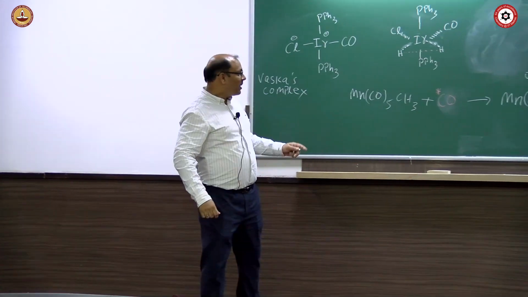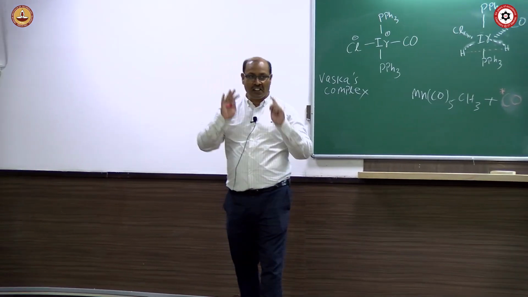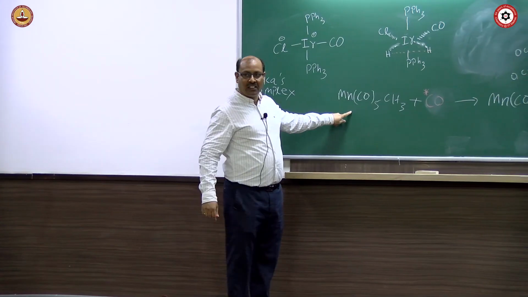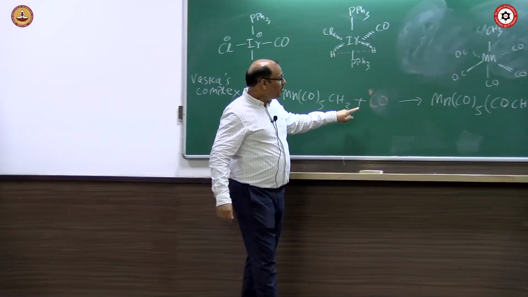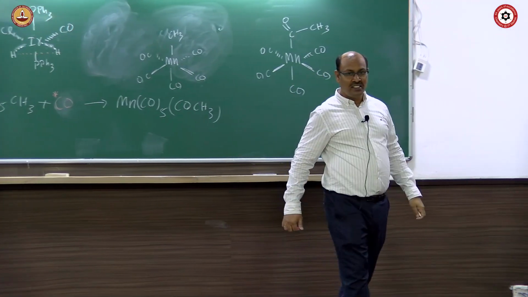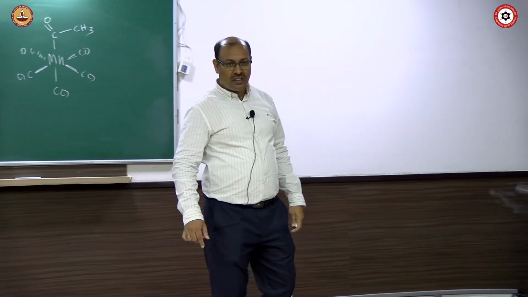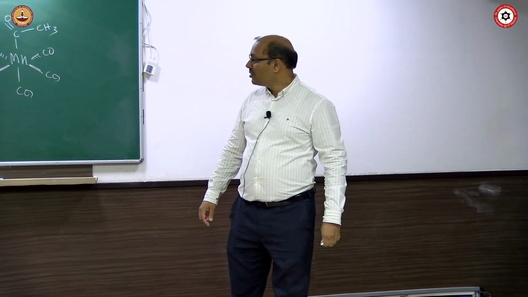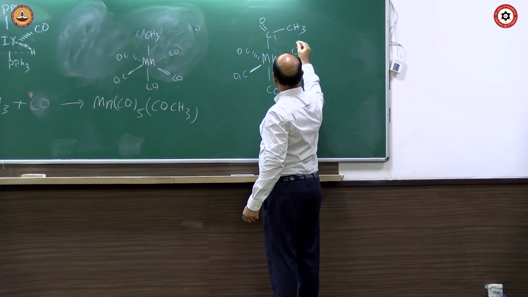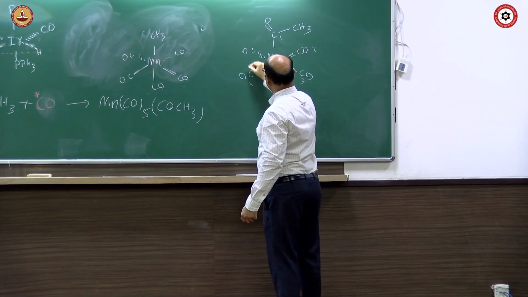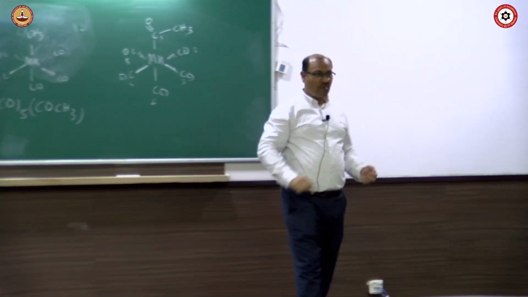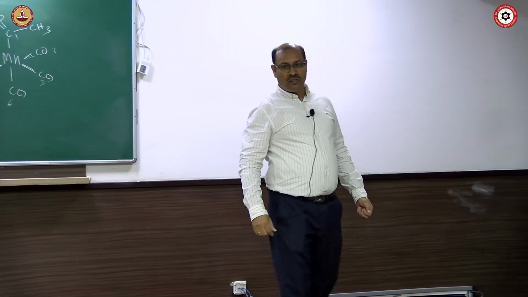Let us say we take carbon monoxide which is pure 13 carbon, put it there in excess and react this thing. Now, we will be able to distinguish here, where is that red one? What do you expect the red one to be? Let me put the positions 1, 2, 3, 4, 5 and 6. So, the position of the red color carbon monoxide will be 1.